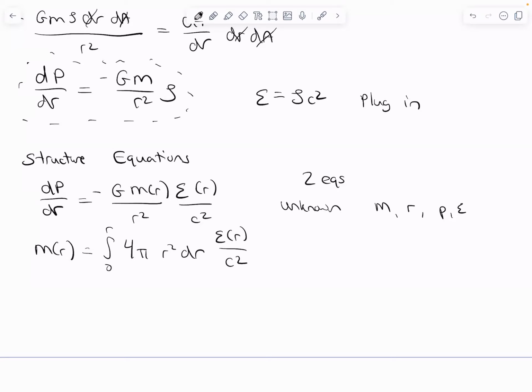And so what we need actually is a relationship between these two that'll make our life simpler. And so you have what is called the equation of state. Or I'll often abbreviate as EOS. And that is our relationship between pressure and energy density.